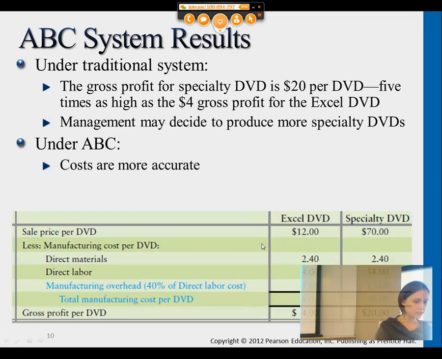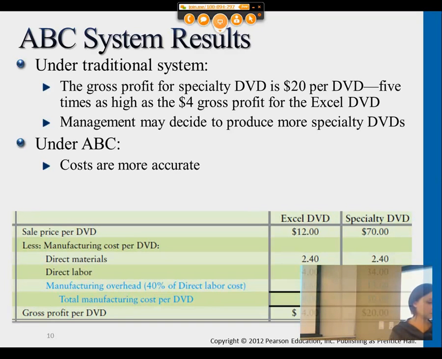So let's see how they calculated this. We have a sale price for DVD, right? So let's just concentrate on Excel for right now. So my sale price is $12, okay? Now what am I going to do? Out of that sale price, I want to subtract my manufacturing cost per DVD. Okay, how do I find my manufacturing cost? It has 3 components: direct materials, direct labor, manufacturing overhead.